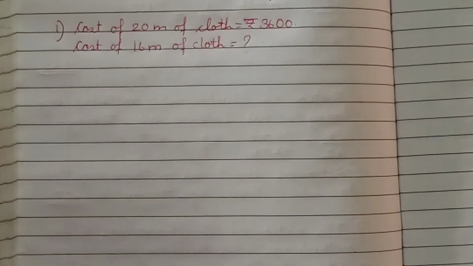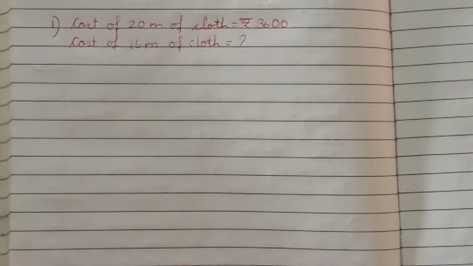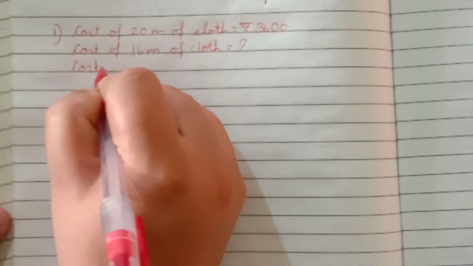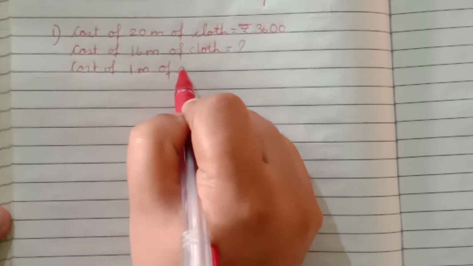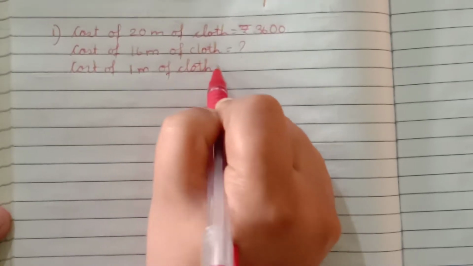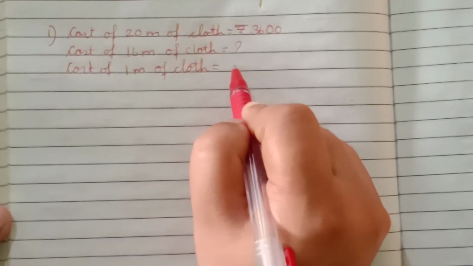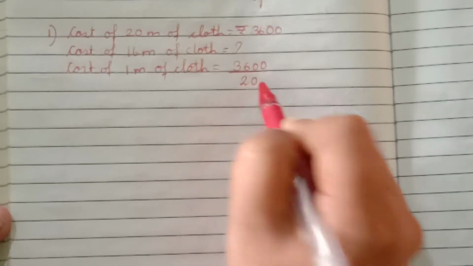So from the given information we will find the cost of 1 meter of cloth. I'll write here cost of 1 meter of cloth is equal to, this is the total price of 20 meters, isn't it? So I'll write 3600 upon 20.